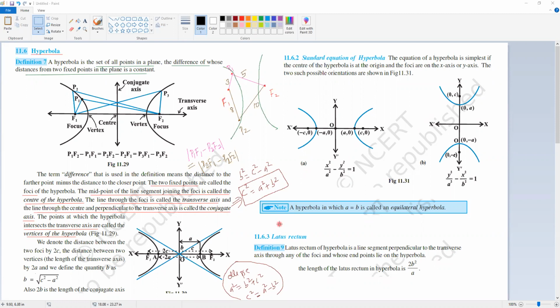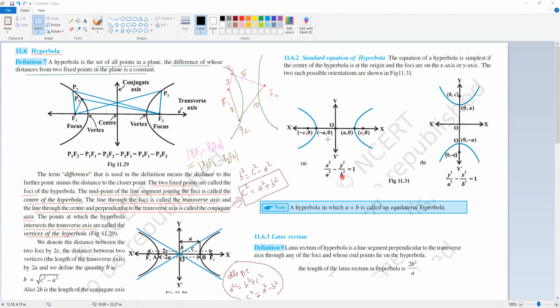The biggest value we took as a square, the smallest value as b square. Now in hyperbola it is not like this. In hyperbola, the first thing you have to notice is that the sign is negative between them: x square by a square minus y square by b square is equal to 1. So you will see a square and b square are not changing.